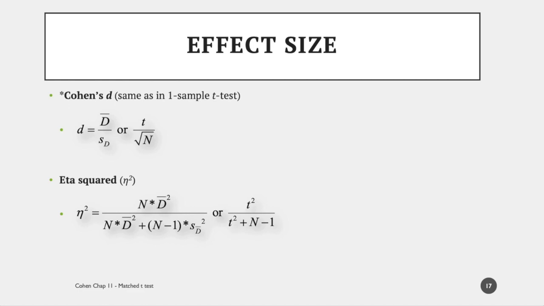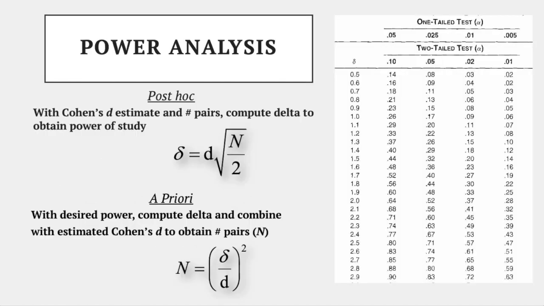A few other things to think about are the effect size. So we use Cohen's d. It's the same as a one sample t-test, just with the difference scores. We also have eta squared, which is going to be using the difference scores, or the t statistic. We also have power analyses that we can do with this.